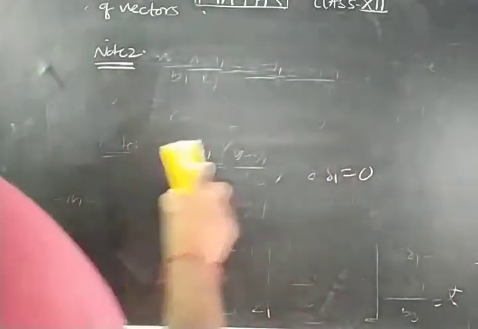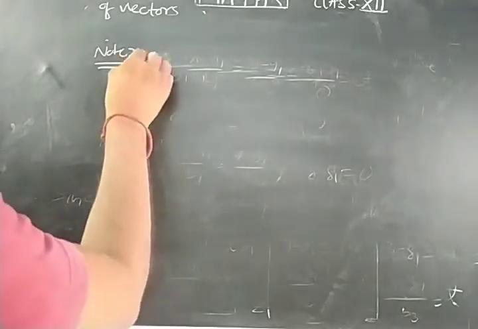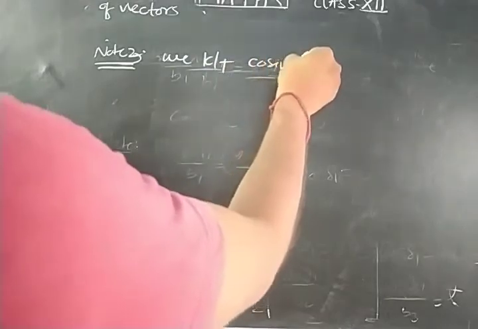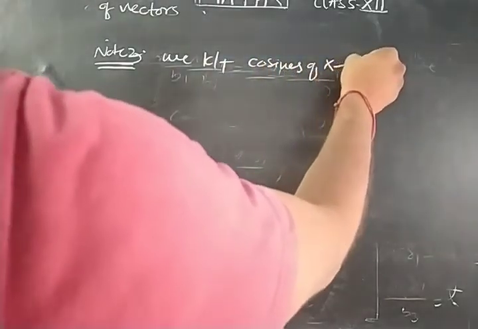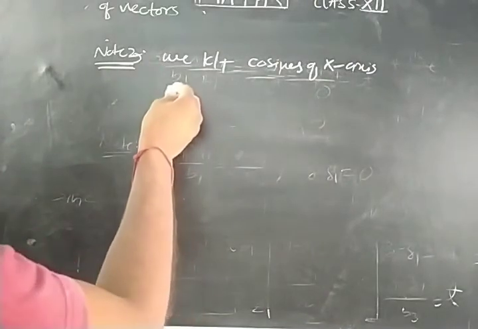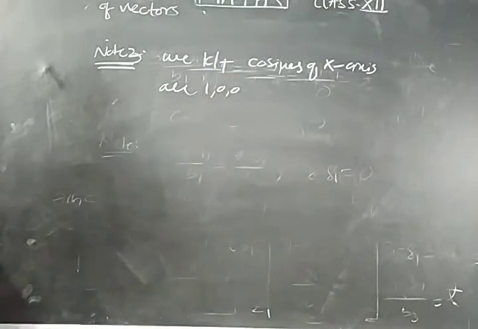Now note 3. We know that the direction cosines of the x-axis are 1, 0, 0, right?